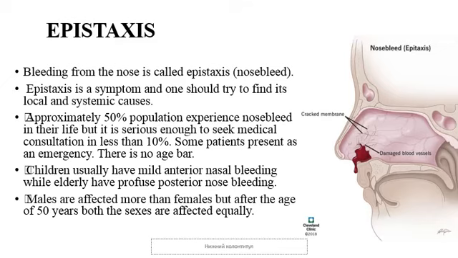Some patients present as an emergency. There is no age bar. Children usually have mild anterior nasal bleeding, while the elderly have profuse posterior nosebleeding. Males are affected more than females, but after the age of 50 years, both sexes are affected equally.